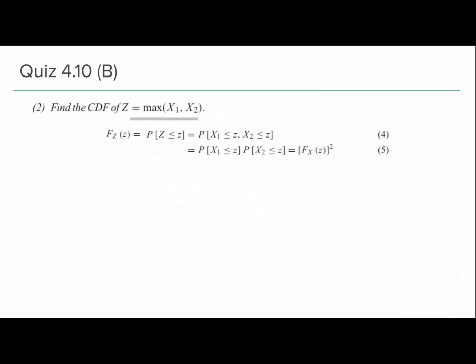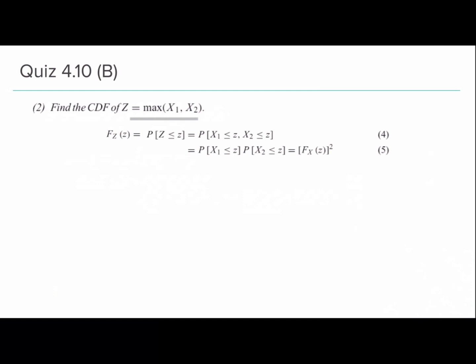We also know that these are independent, and in that case their joint probability will be the product of their individual probabilities. So this becomes the probability that x1 is less than or equal to z times the probability that x2 is less than or equal to z, and both these terms are nothing but the CDF of x.